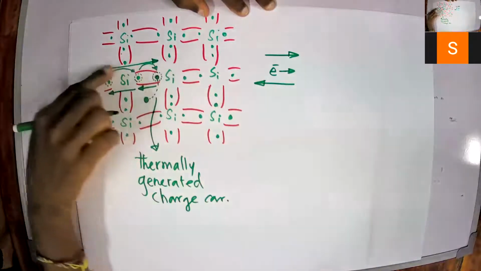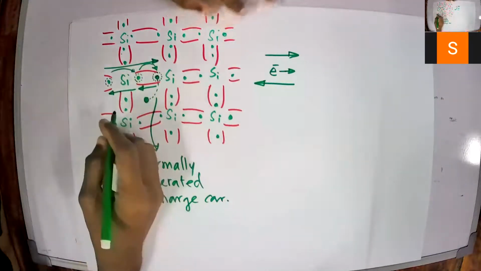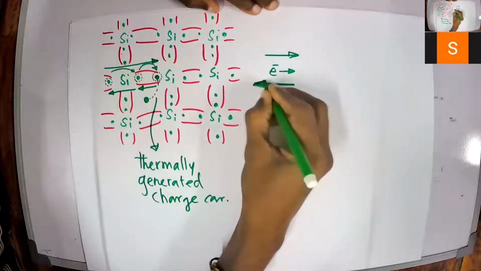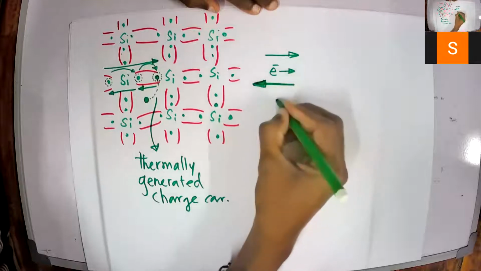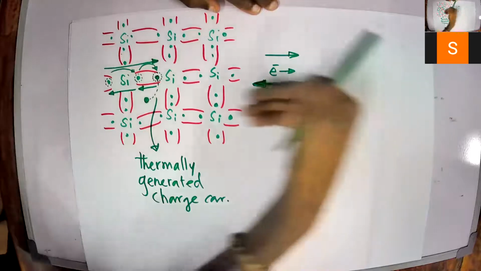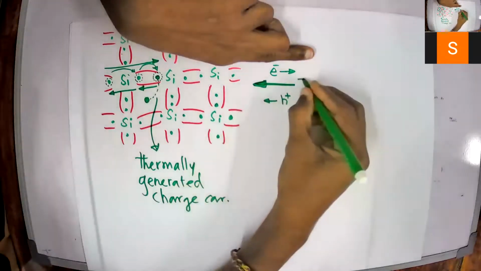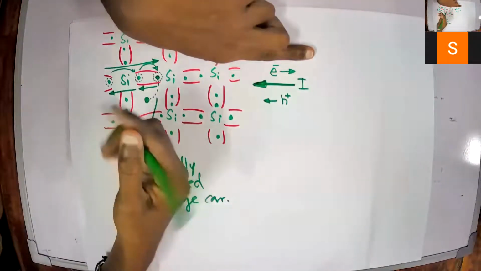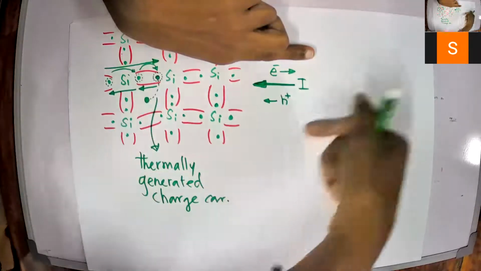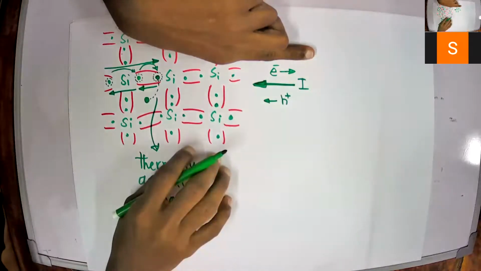So if we have a current direction in this way, the electrons will be moving opposite, and the holes will be moving along the direction of current. When you have I in this direction, the net flow of electrons will be in the opposite direction, and the net flow of holes will be along the direction of current.